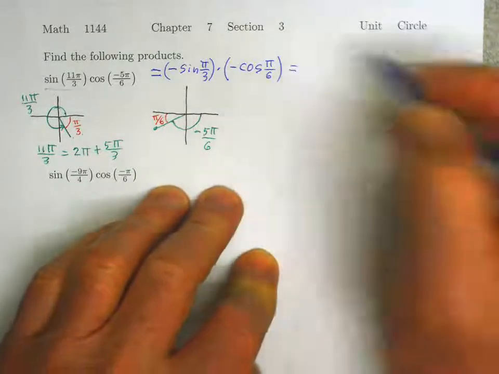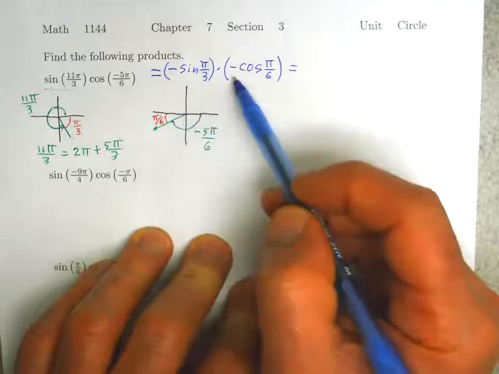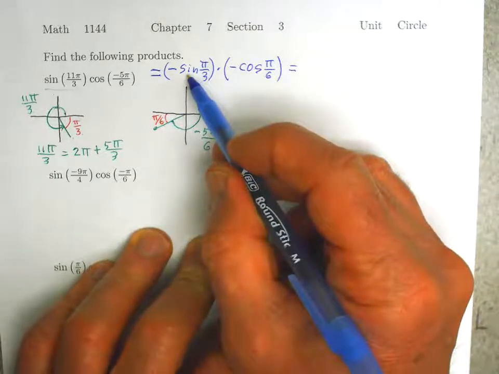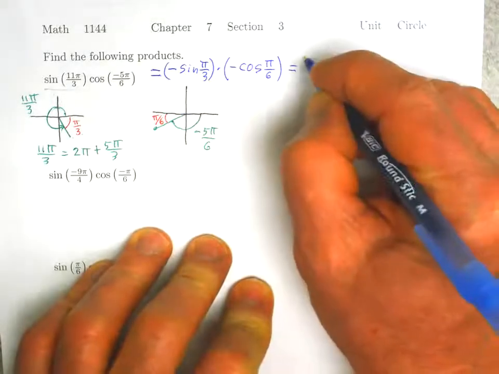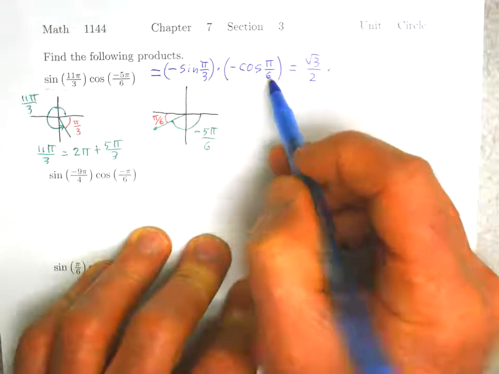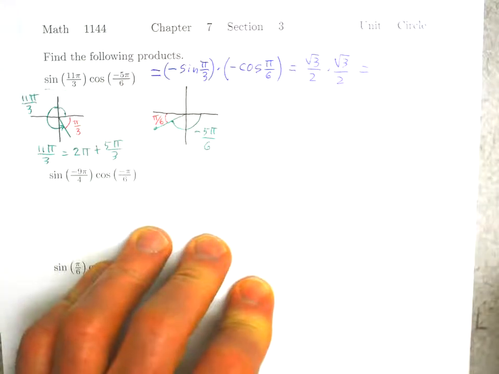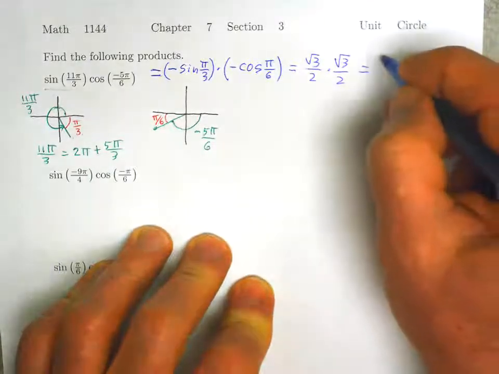And then we'll just write down what we know. A negative times a negative is a positive. Sine of pi over 3 is the square root of 3 over 2, and cosine of pi over 6 is also the square root of 3 over 2. So when we multiply those, we just get 3/4.